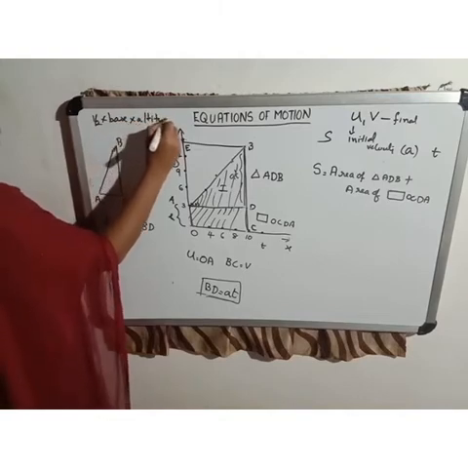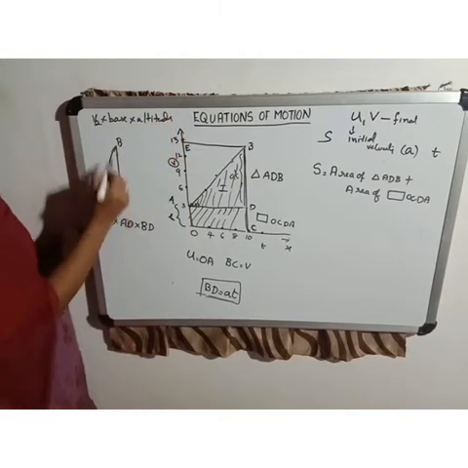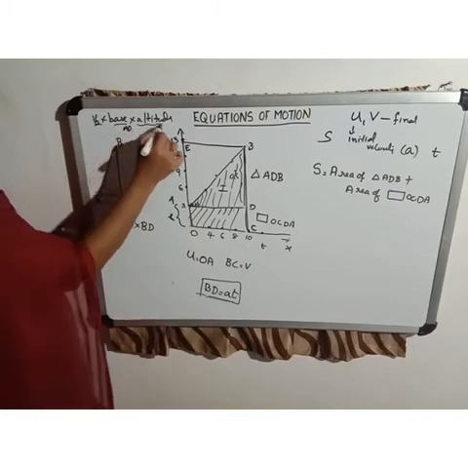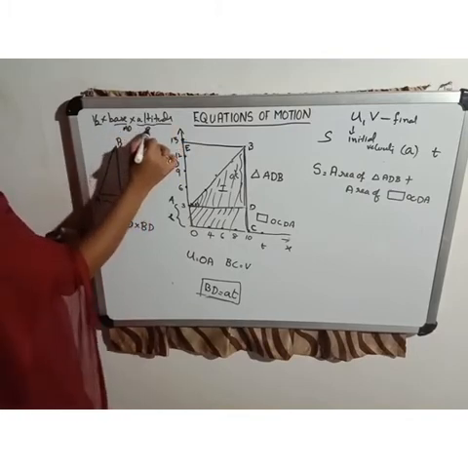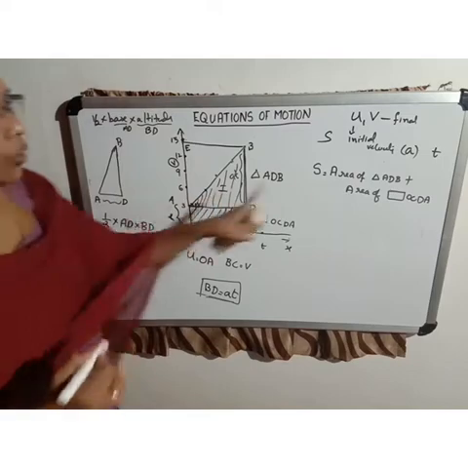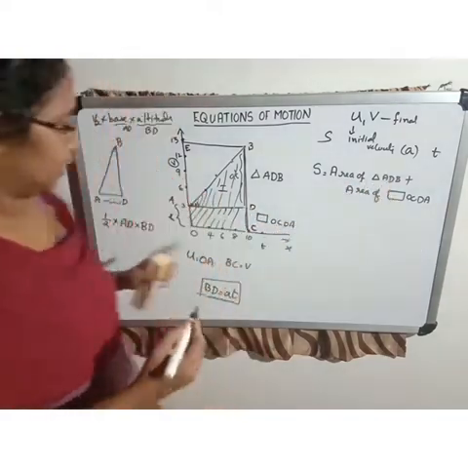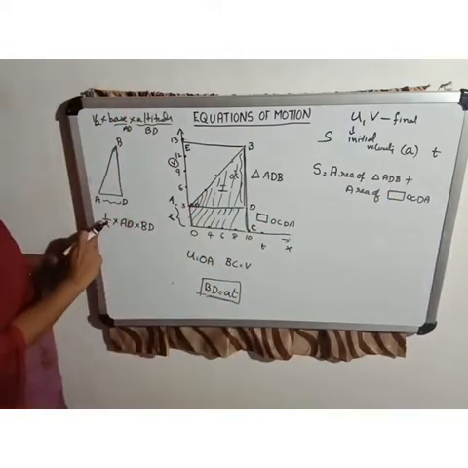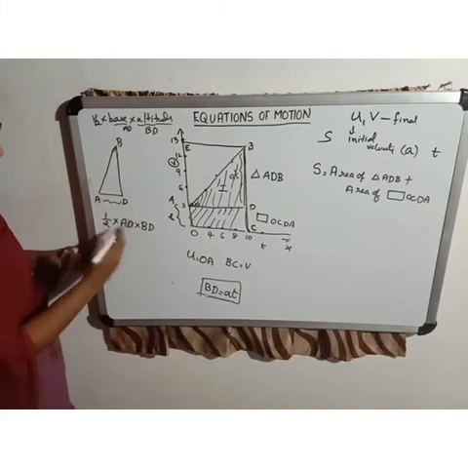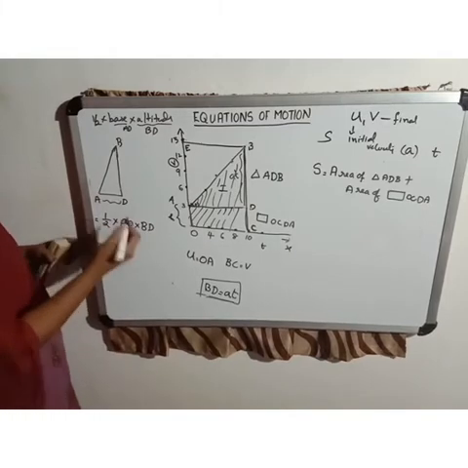Here the base is AD, and the altitude is this length, BD. So in order to find the area of the triangle, we need half into AD into BD.